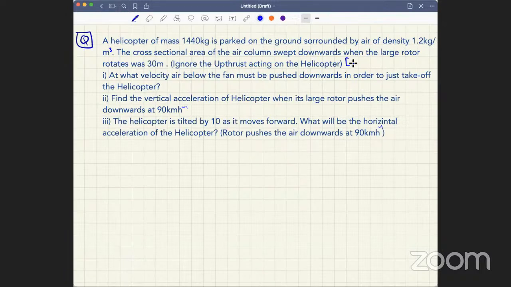Density of air must be given. I haven't given you, sorry. Density of air 1.2 kilogram per meter cube. It's given in the question. I'm sorry, I forgot. Density of air is given in the question, Avasha. 1.2 kilogram per meter cube.